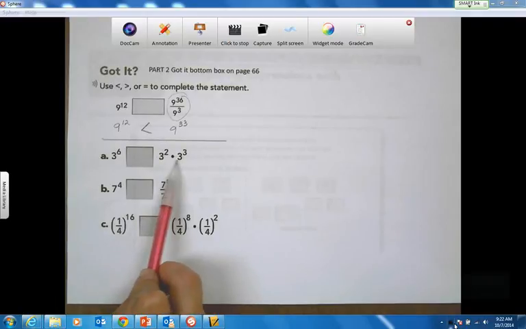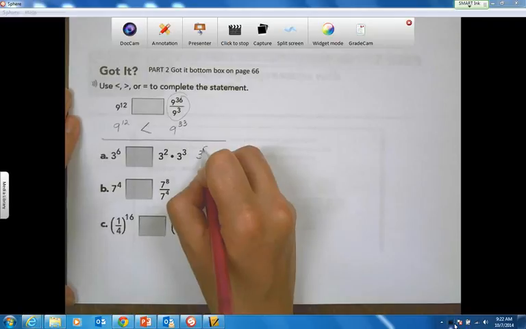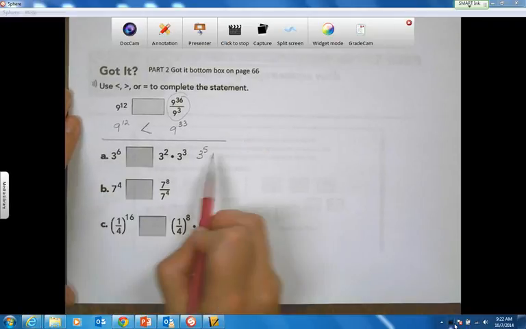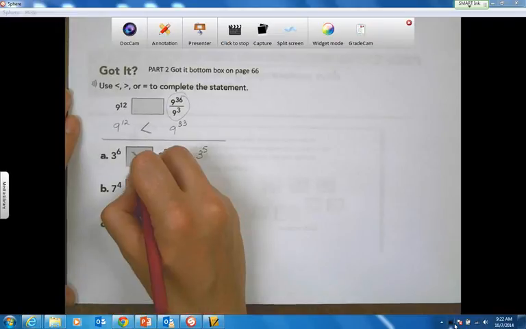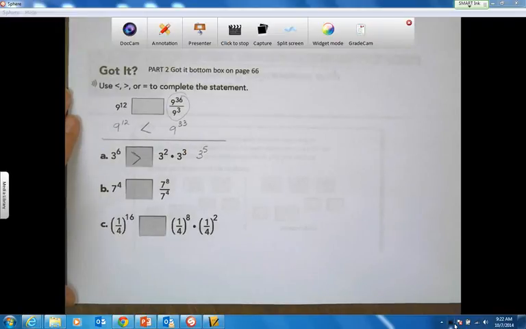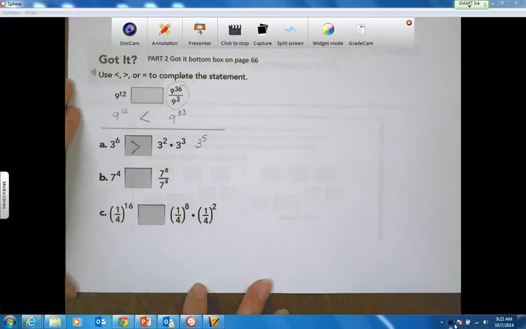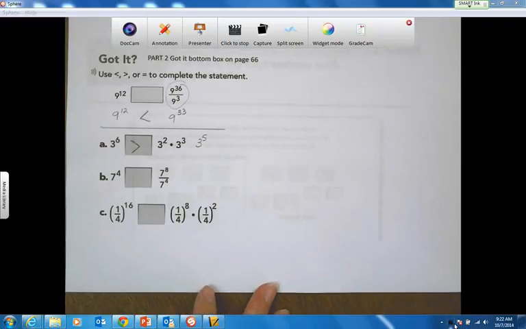So which one is going to be bigger here? As I multiply them more, this number will actually get tinier and tinier and tinier. So this one is actually greater because it has less power to it.